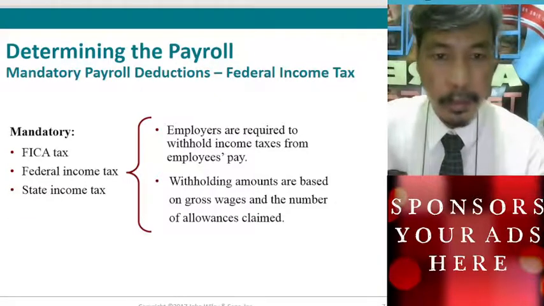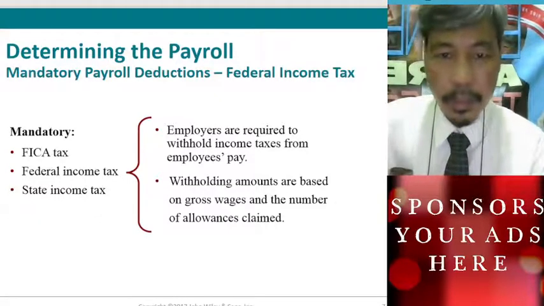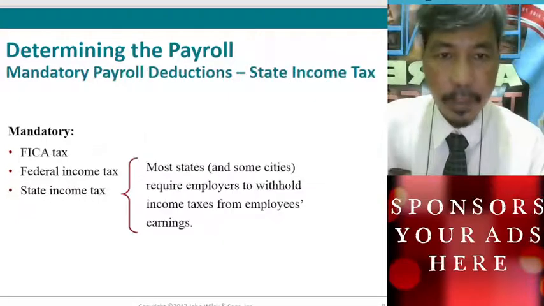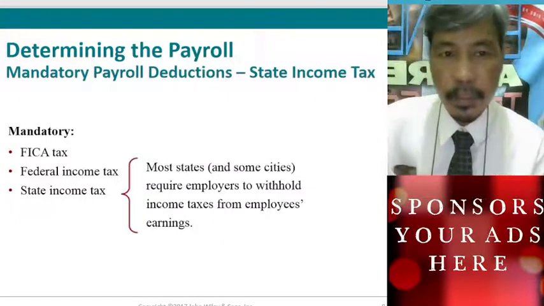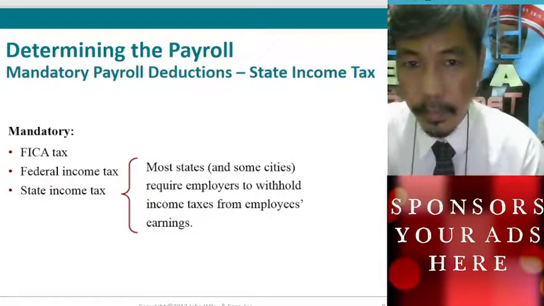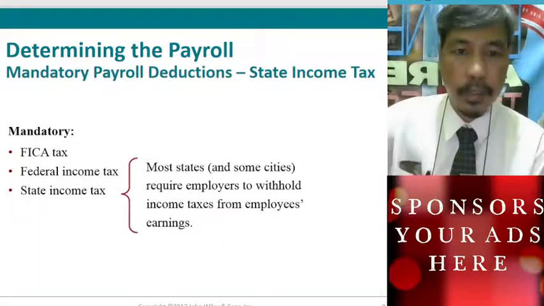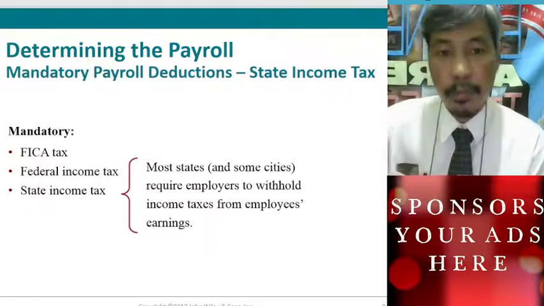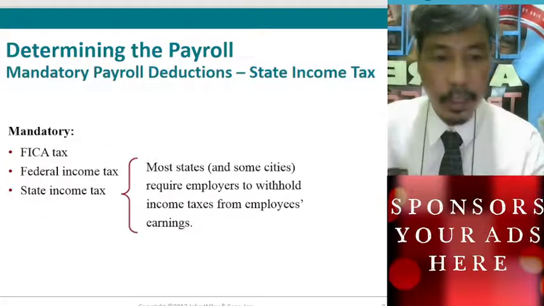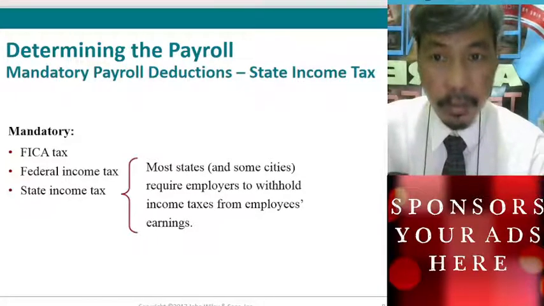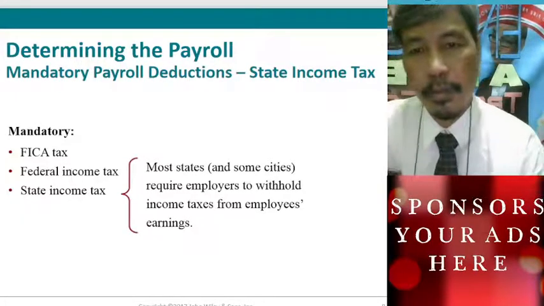Similar to our system in the country. And then state income tax. Most states and some cities require employers to withhold income taxes from employees' earnings. Most, but not all.